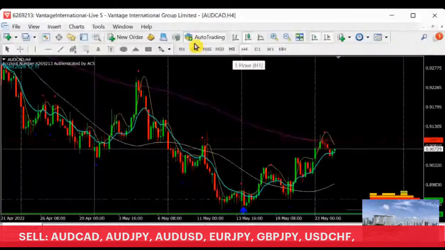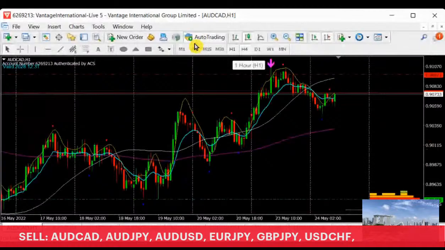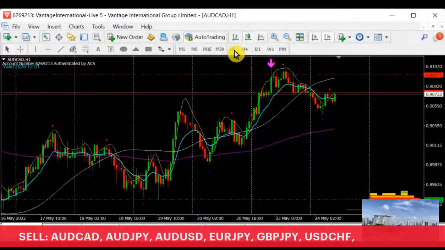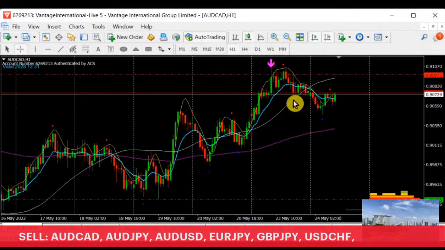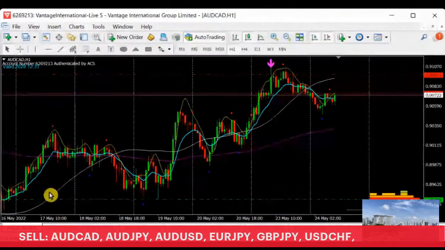Now Aussie CAD is going to retest the resistance area. I guess this is going to be a long wait. If I'm going to sell, we have about 20 pips to go.